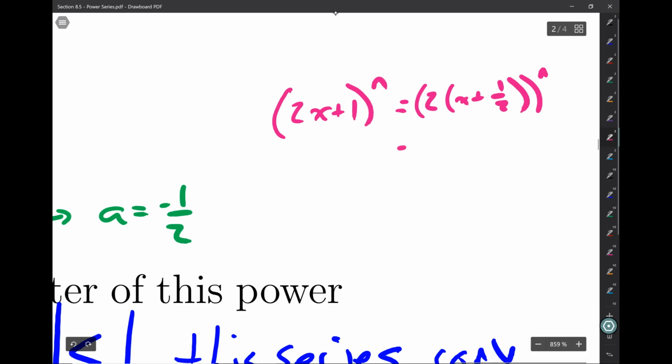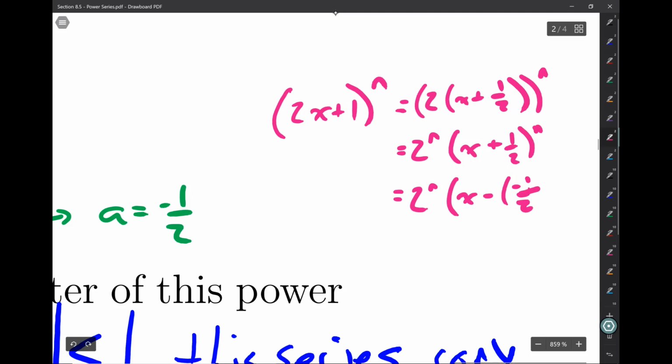When we distribute that n, we have 2 to the power of n times x plus 1/2 to the power of n. Lastly, we want to make sure that we have an x minus something, so we can change adding 1/2 to subtracting negative 1/2. So we can see for a third different way that our center is negative 1/2.